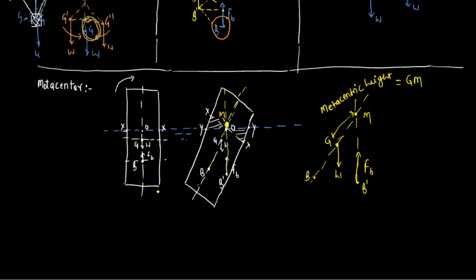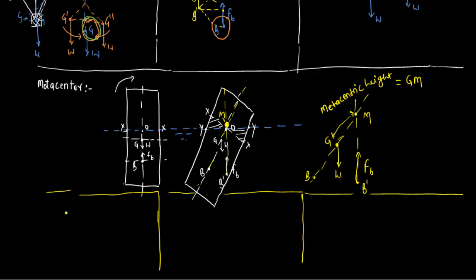So first we try to define the stability of this floating body. I'm taking our table here. So this we are defining for the floating body.